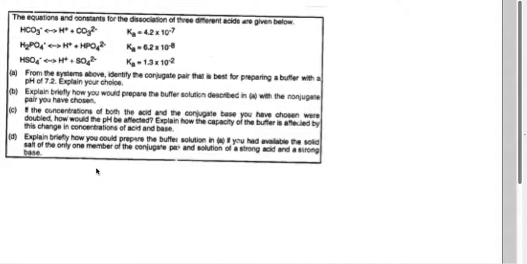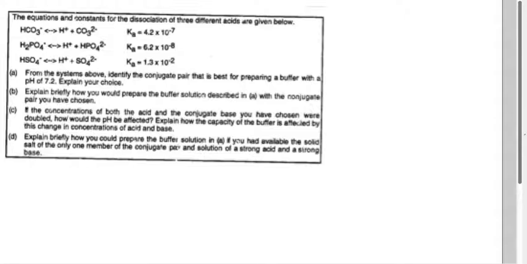I'm okay with it, but you know it increases, so that's the safe answer. It didn't say explain how the capacity of the buffer is affected. If they wanted you to say double, triple, or quadrupled, they would have given you better direction. So just say it increases the capacity and you're safe. Meaning it can take more hits from the acid and the base side because there's more moles in every liter.